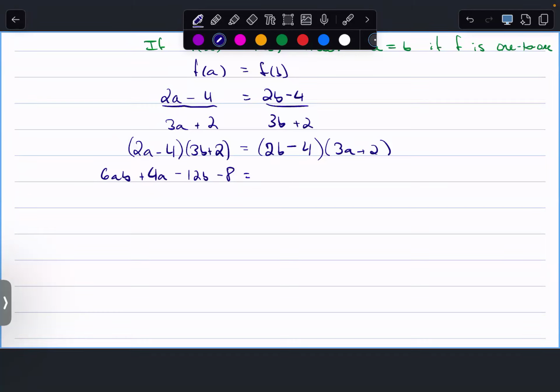Do the same thing on the other side. I get 6ab. Because I'm about to collect like terms, even though technically I'm doing b times a, so you could have ba, I want to collect these, so I'm going to write them in the same order as over here. That's okay. And so 6ab plus 4b minus 12a minus 8.